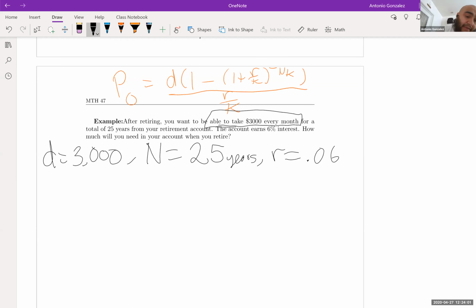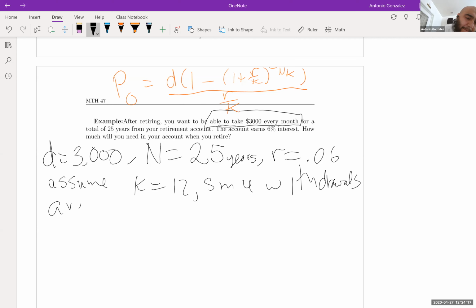So by assumption, we can assume that K is going to be 12, since withdrawals are made monthly, every month. Again, if it doesn't say explicitly how often the interest is compounded, just assume it'll be the same as how often you are withdrawing from the account.